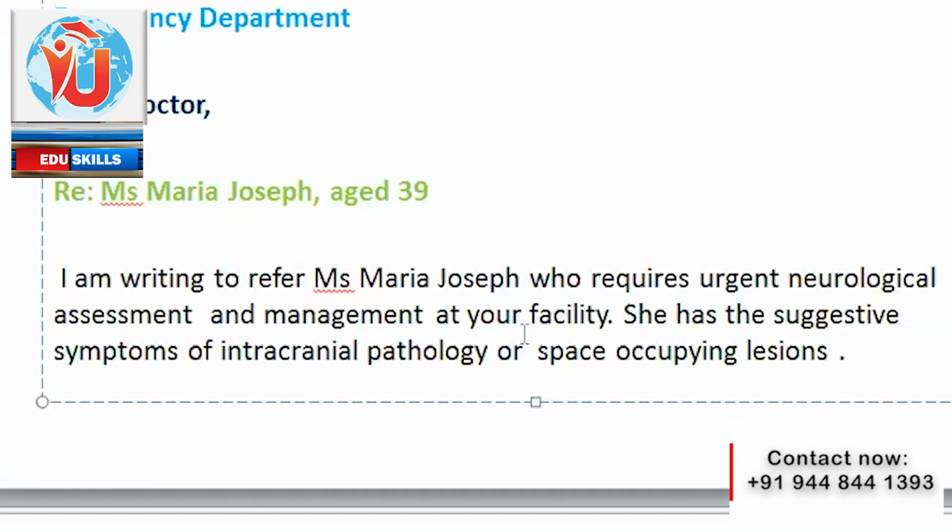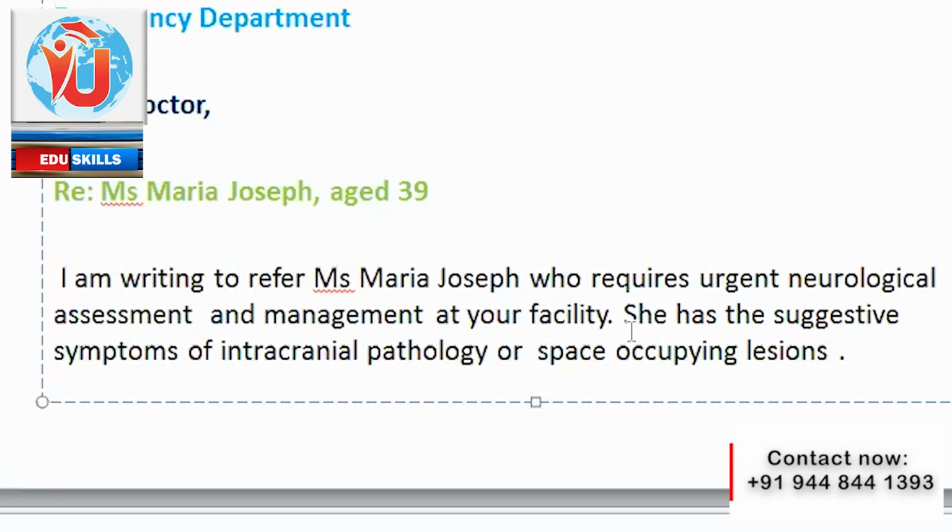You have to always keep in mind that if the patient is going to their facility, we need to write at your facility, or in home visit cases, we can write from your facility. Do not make a mistake on this word, at your facility or from your facility. If you are not clear about at or from, if you have confusion, please don't write that. You can even leave it. You will not be penalized for that.